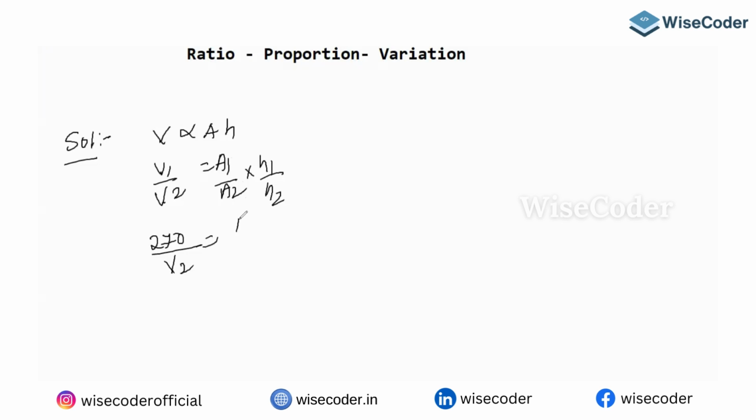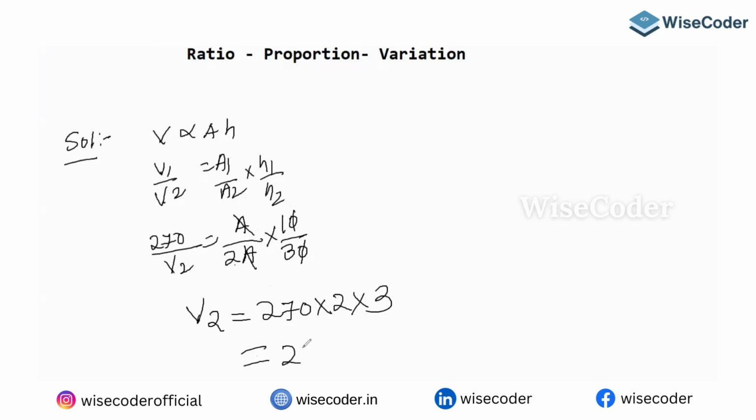According to the question, what is A? The second one is twice of that. The height is 10 centimeters, and the second one is 30 centimeters. The A's cancel, and 3 2s are 6. So V2 is 270 into 2 into 3, that is 270 into 6.